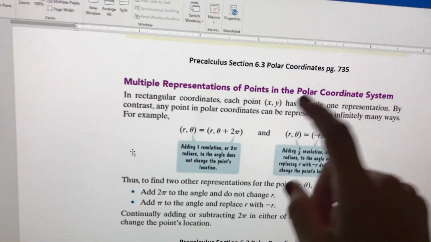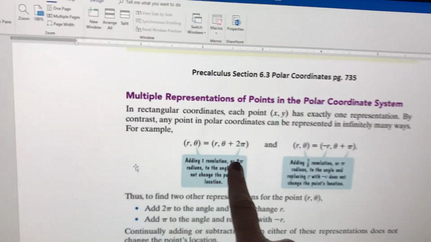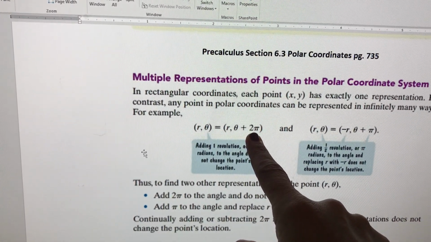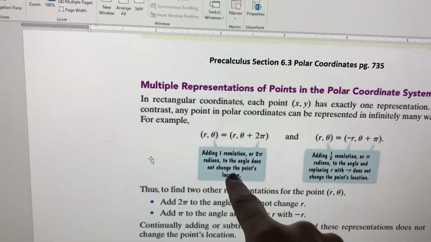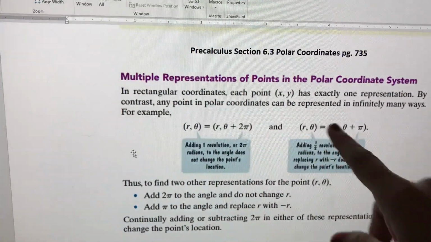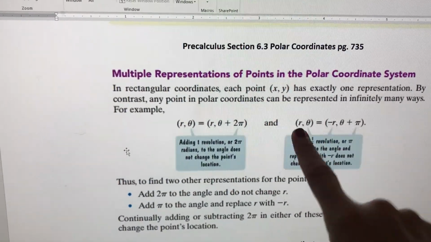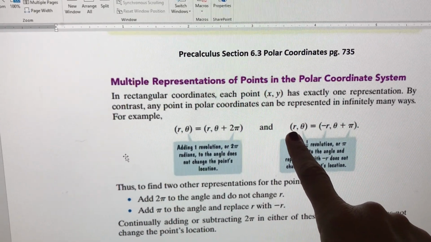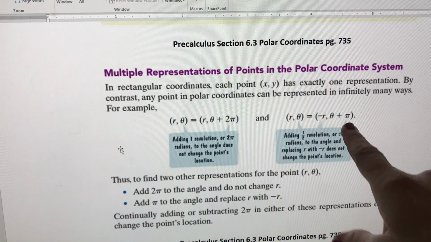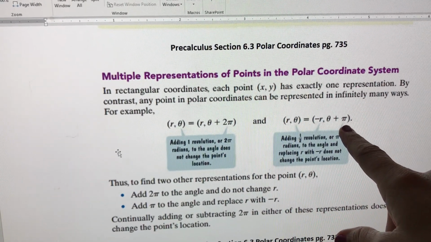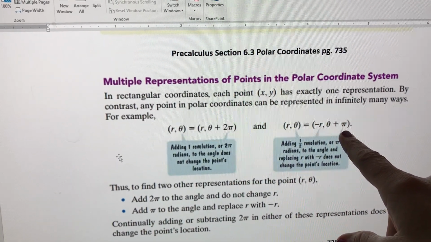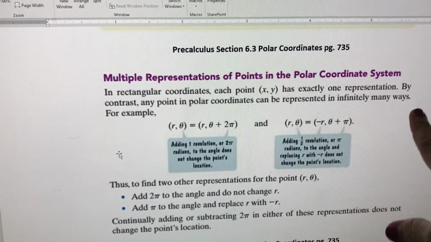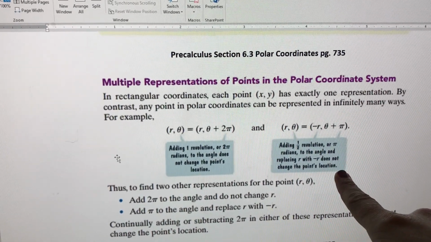Okay, infinite ways. For example, we can add 2π radians, and it does not change the point's location. Or we could change that R to its negative, and add π radians, and again, that point location will not change.